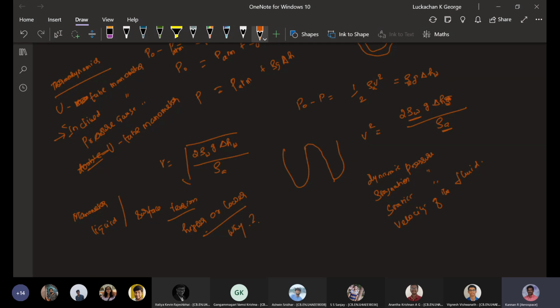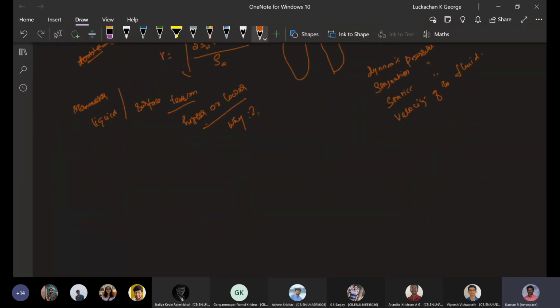If you have only the total probe, normally we say only one end is used, and they won't keep any static probe.